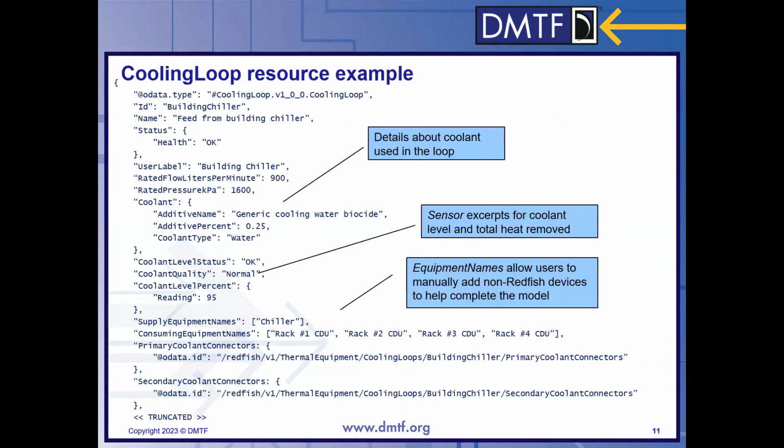So here's an example. This in Redfish is all in JSON. A GET on this resource, and this is exactly what you will see on the wire, and then in your client or web browser or whatever you're using to access this. You can see here's that coolant. This is showing that this is a water-based loop with a little bit of biocide added in.